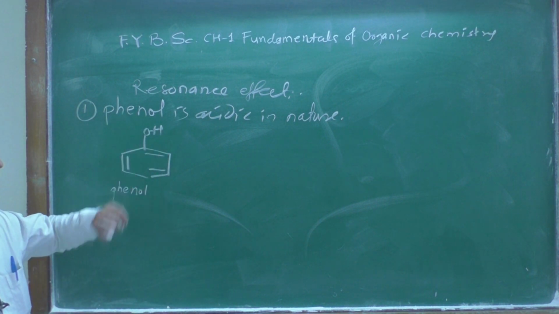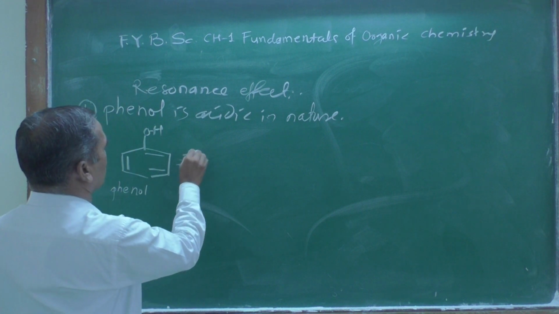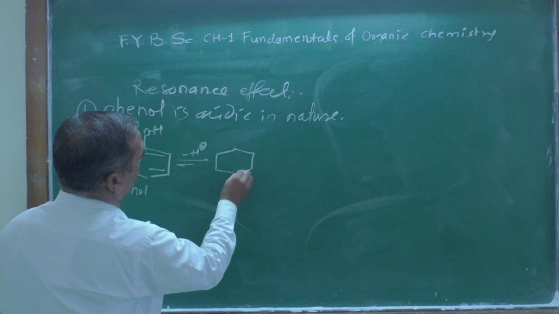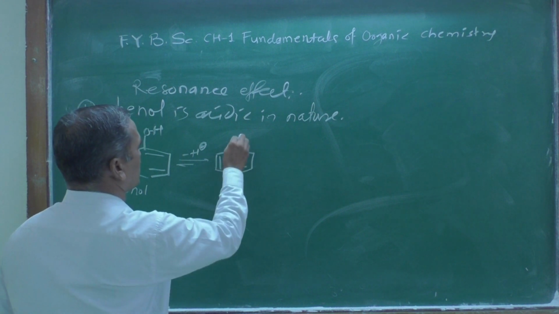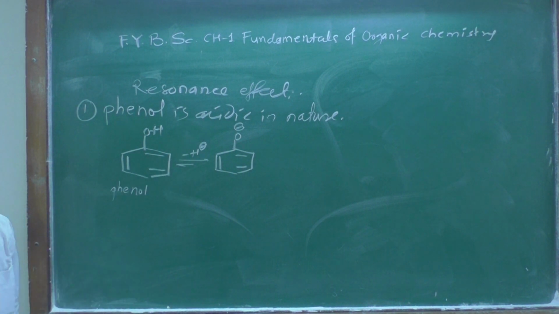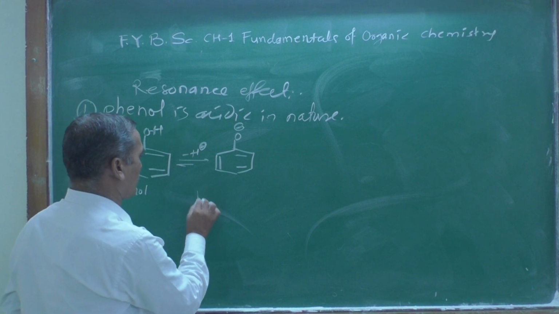Now this is an OH. After dissociation, what do you get? It produces H plus, and whatever we get here has an O minus charge. After losing the proton, a negative charge forms on the oxygen, and that type of species is known as a phenoxide ion.